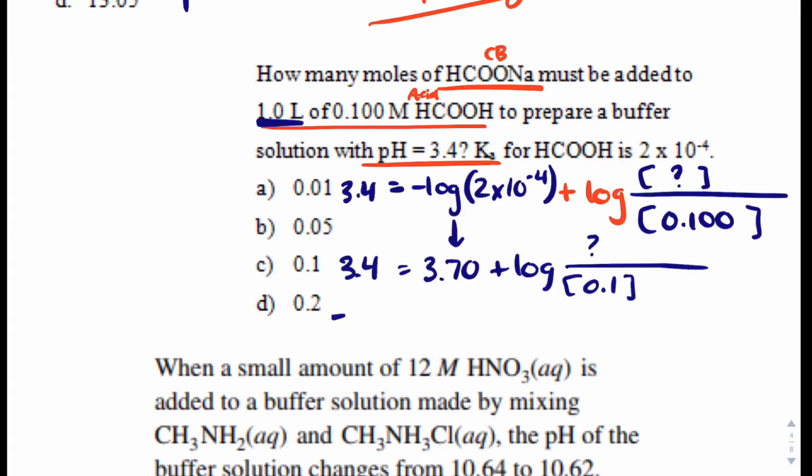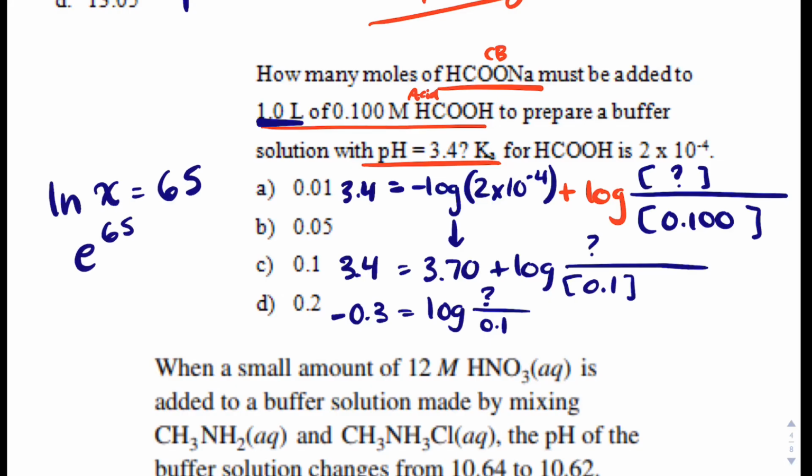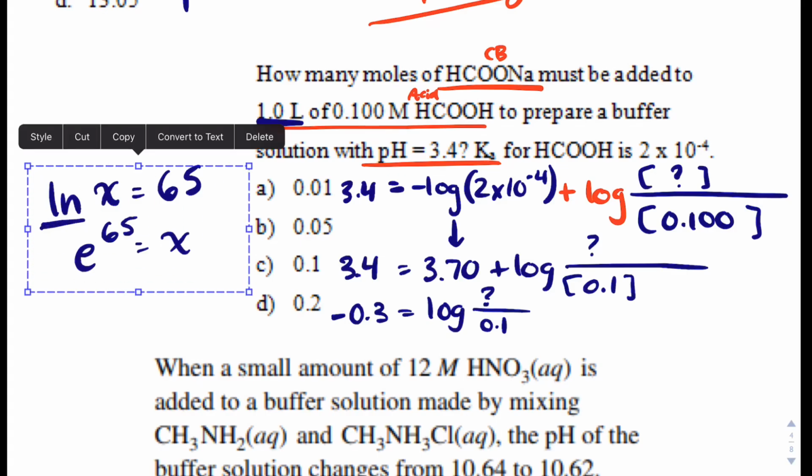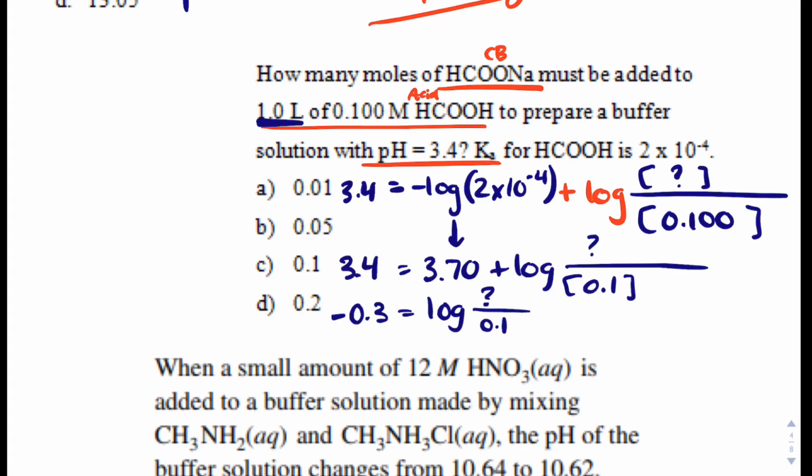So I get negative 0.3 equals log of question mark divided by 0.1. If you remember when we did natural log, let's just say natural log of x equals 65, we would take e to the 65th power to get x. That was natural log. We are just using logs, which is slightly different. Logs are base 10.